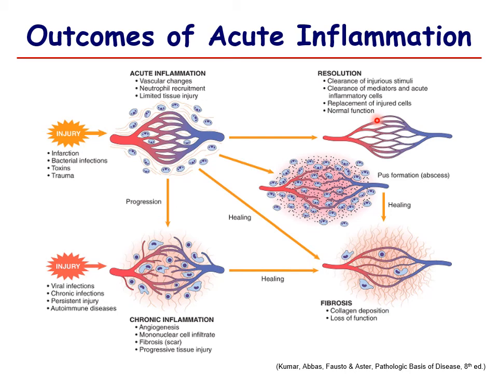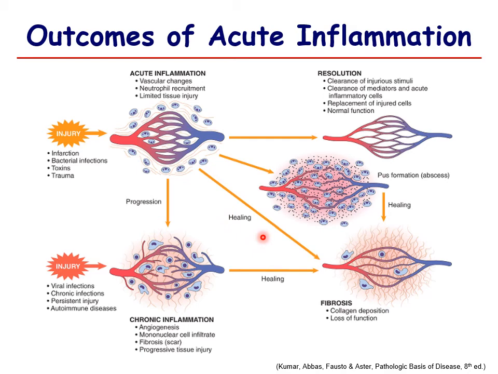The second possible outcome is progression to chronic inflammation. It happens when the clearance of injurious stimuli or offending agents is not successful and they persist in the host. Third outcome may be healing of the injury.